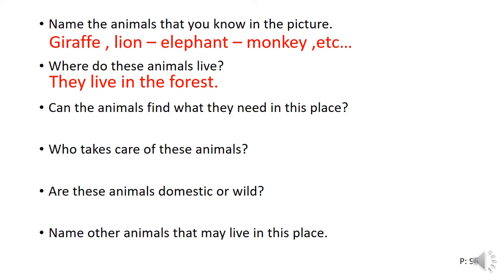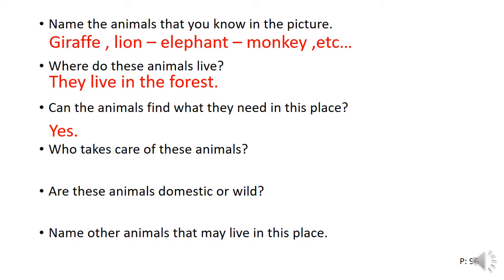Can the animals find what they need in this place? Have you ever seen a man go to the forest to give the animals food or water? Sure, no. They get what they need from this place. So I have to write yes.